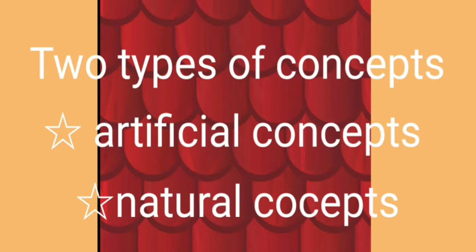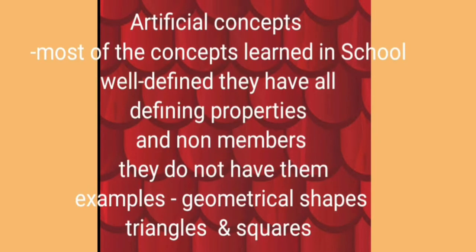Most of the concepts that are learnt in school are examples of artificial concepts. They are also called formal concepts. They are well defined by a very strict set of rules or properties. The members have all the defining properties, and non-members do not have them. Examples of this can be geometric shapes like triangles and squares.